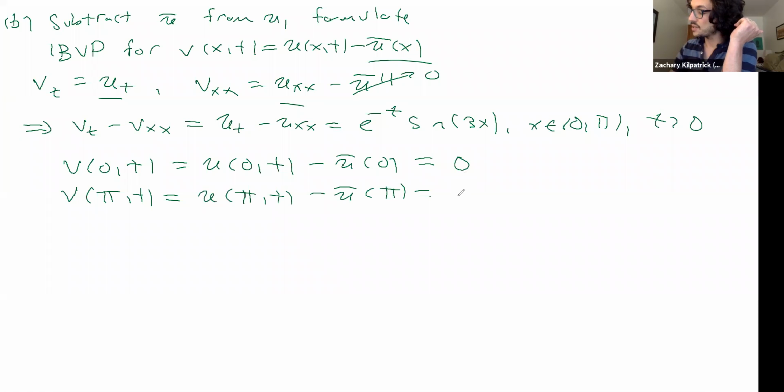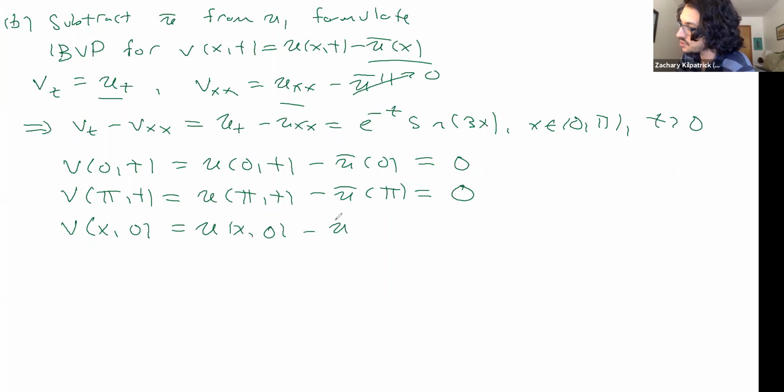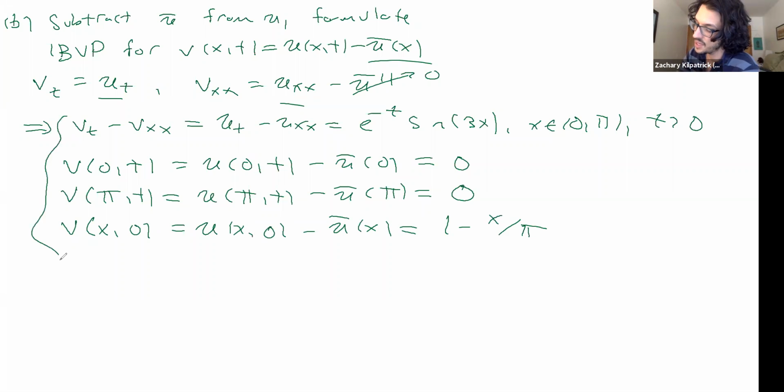So this process has allowed us to at least homogenize our boundary conditions, which is going to make our eigenvalue problem easier when we set up separation of variables. Okay. The last thing is I now have v of x,0 equal to u of x,0, which remember was 1, minus u bar of x. So this is going to be 1 minus x over pi. Okay. So that's my new IBVP right here that I can solve using separation of variables.